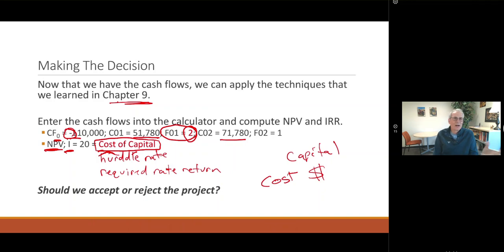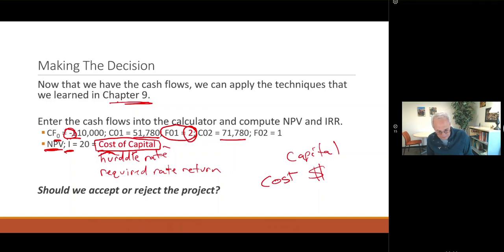If I sell a bond as a company and I say the coupon rate is 8%, that means the cost of that money, that capital, is 8%. If I sell stock to stockholders and stockholders say, hey, we want a 10% return on our investment, that means my cost of that money, I better be making 10%, or they're going to sell the stock, and that's not good. Okay? So anyway, bottom line is cost of capital.